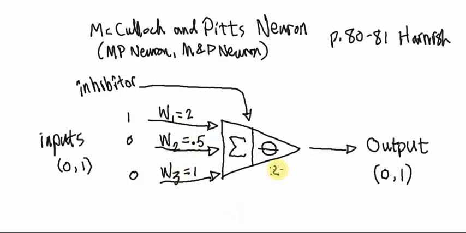And keep the threshold at 2. Then what do we get? Well, we're going to get a 2. 1 times 2 is 2. 0 times 0.5 is 0, of course. Then we get another 0. Okay, is this going to fire? Well, it will as long as it's not inhibited, because it meets or exceeds the threshold, right?